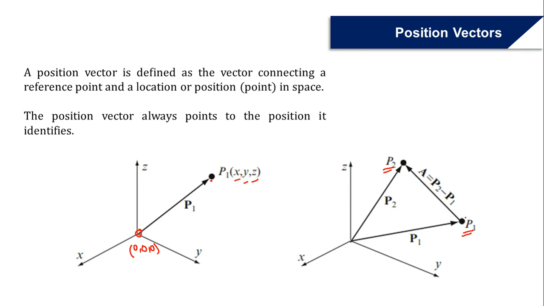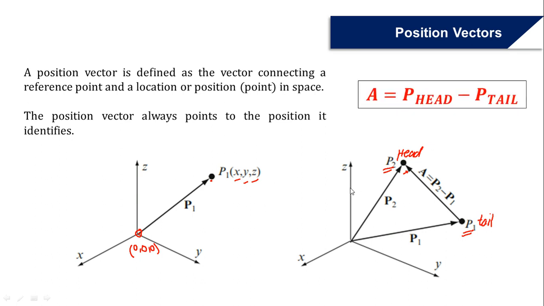Okay? For example, yung point 1 natin is yung ating tail, and yung ating point 2 yung ating head. Okay? So, nandyan yung arrowhead niya. We can say that vector A, which connects point 1 hanggang point 2, it is equal to the position vector of the head, which is nasa point 2, minus the position vector nung nasa tail, which is nasa 1.